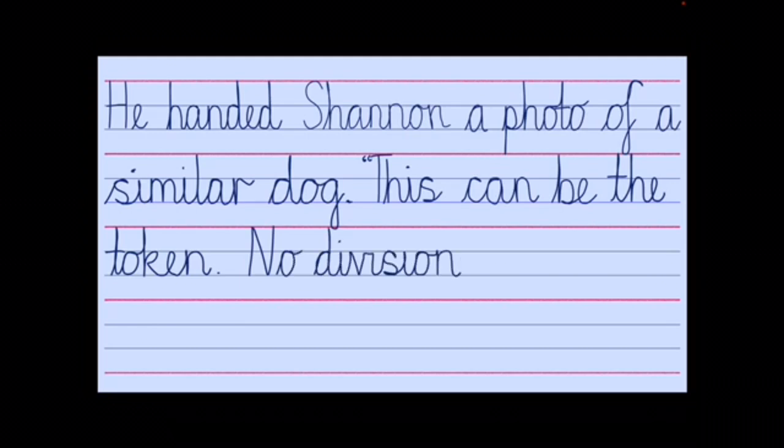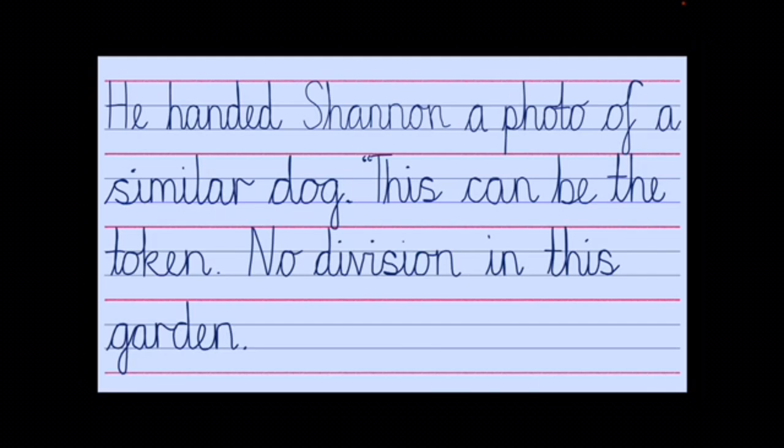No division. And 3 eyes to dot. In this garden. In this garden. Garden. Full stop. There are inclusion rules.